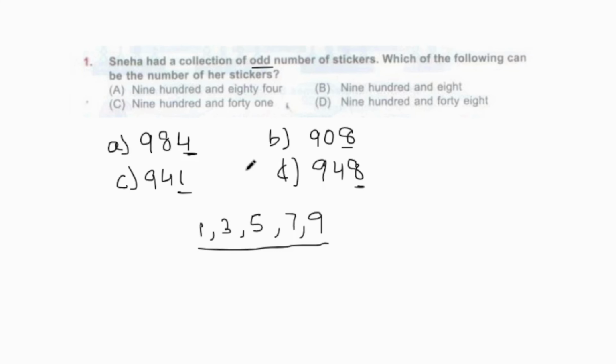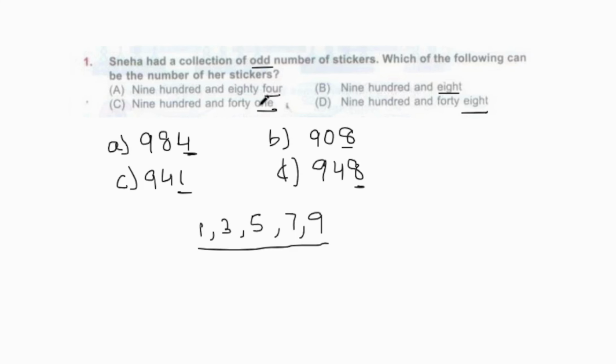Now, since we are preparing for Olympiad, we always have to find an elegant method to solve this question. The elegant method of solving this question is not to write the numbers in the numeric form. Instead, look at these 4 options and let's look at the last numbers of the alphabetical form.